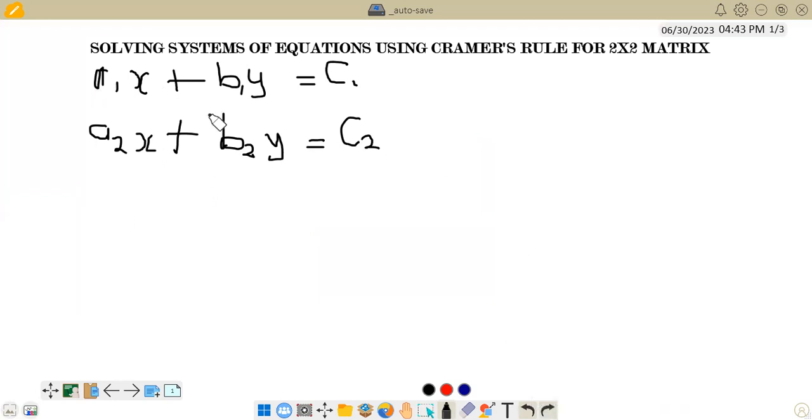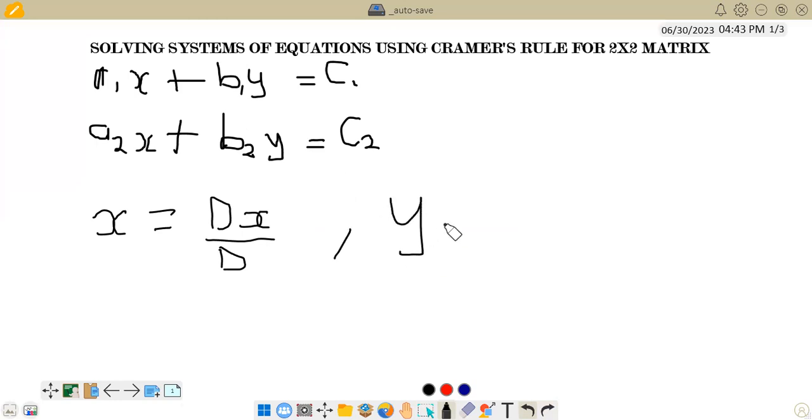Okay. Now, how do we find x? So the value of x is found by dividing Dx over D. Then y is found by dividing Dy by D. So this D is the determinant.